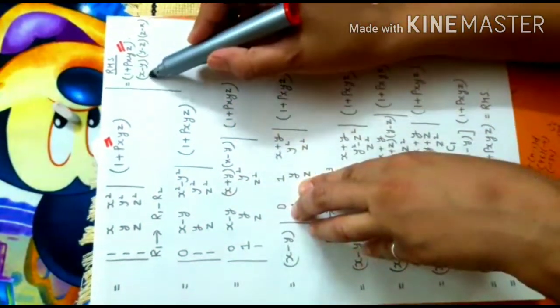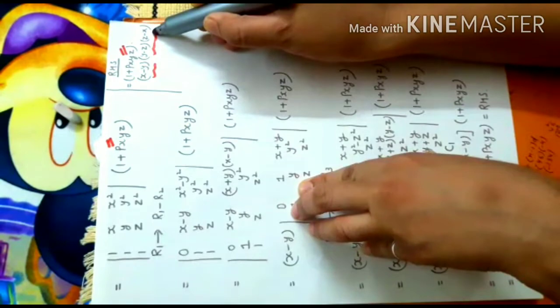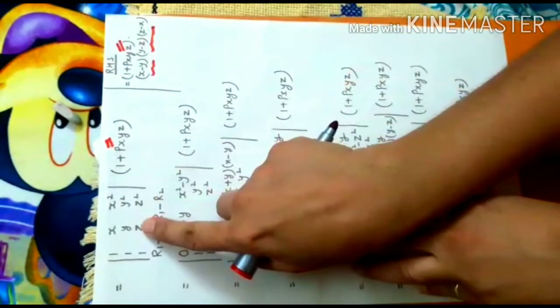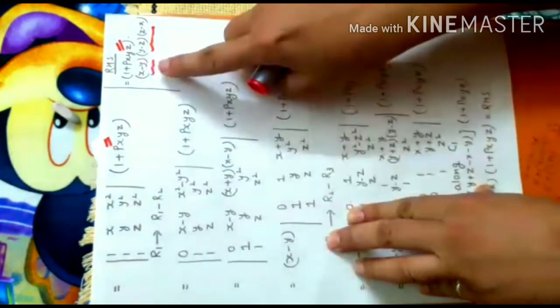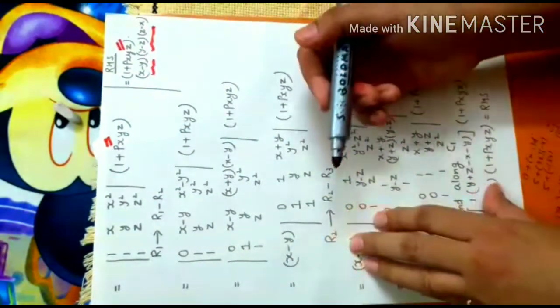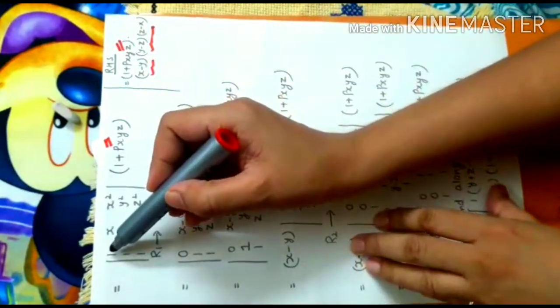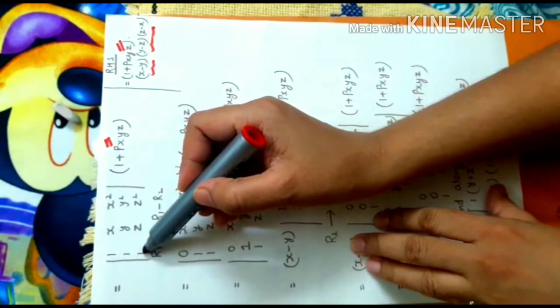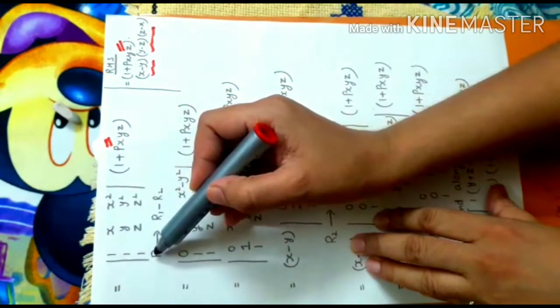Now I want these three factors. So it's clear that the value of this determinant should come out to be equal to this. Now, here we can see that the first column is comprising of all 1.